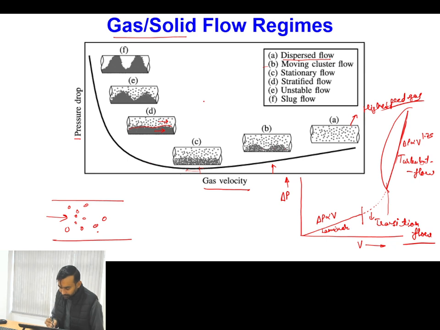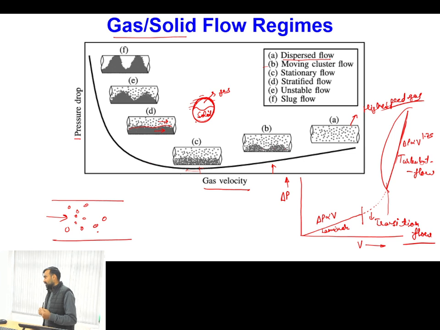And here you can also find that this much portion is filled with the solid and this much portion is filled with gas. Now when you have to calculate the wall shear stress, then for this top portion you have to consider the viscosity of the gas, but in the bottom portion solids friction will come into the picture, because solid particles are very close to each other and are kind of sliding over the surface.